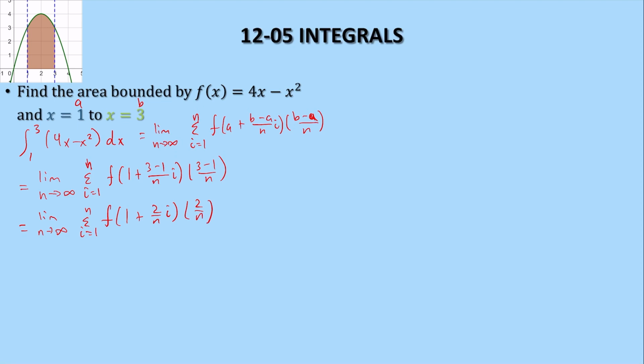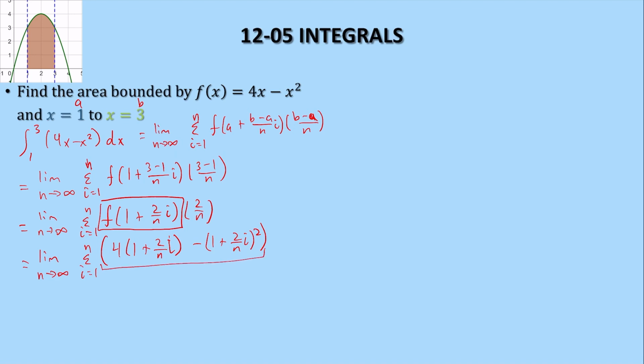Okay, we could plug in our function next. So it's 4 times x, but my x is 1 plus 2 over n i, minus x squared, which is 1 plus 2 over n i squared. So all of that is my function times 2 over n.